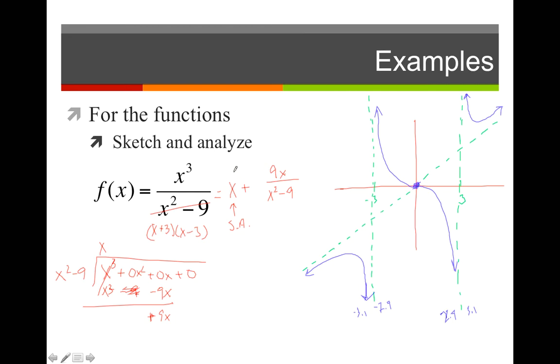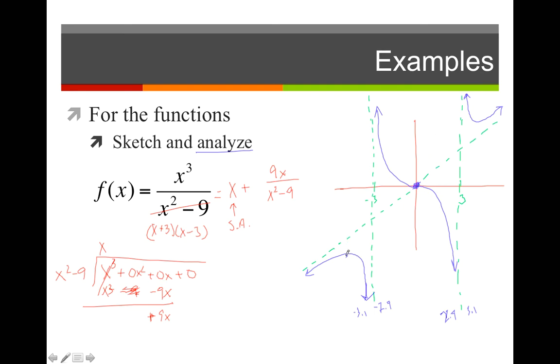Now, I'm not going to do the full analysis here, but you have to remember that analyze means to find the domain, find the range, find your asymptotes, and now we're going to start putting in slant asymptotes as well. Find minimums and maximums. You'll notice that the domain is everything except for 3 and negative 3. You'll notice the range is actually all real numbers.